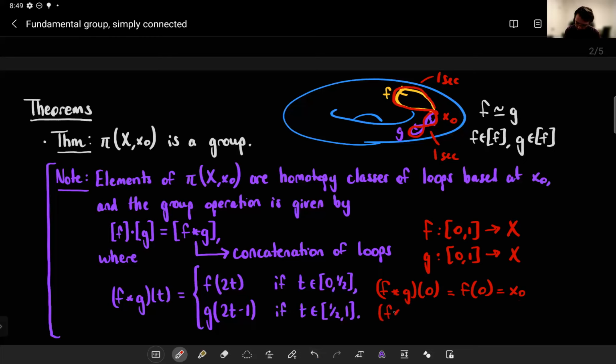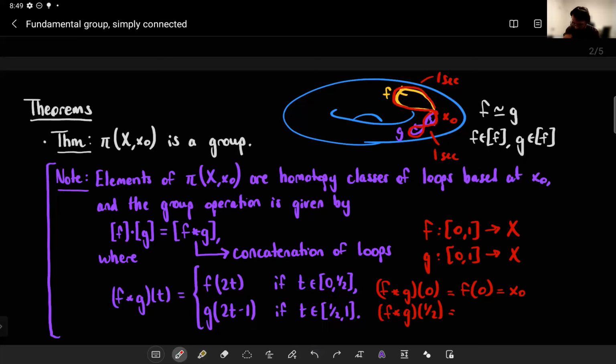What if I look at time a half? Notice I put closed brackets on each of these, meaning it doesn't matter which one you use, you're going to get the same answer because f concatenate g is actually continuous, so it's fine to write it this way.